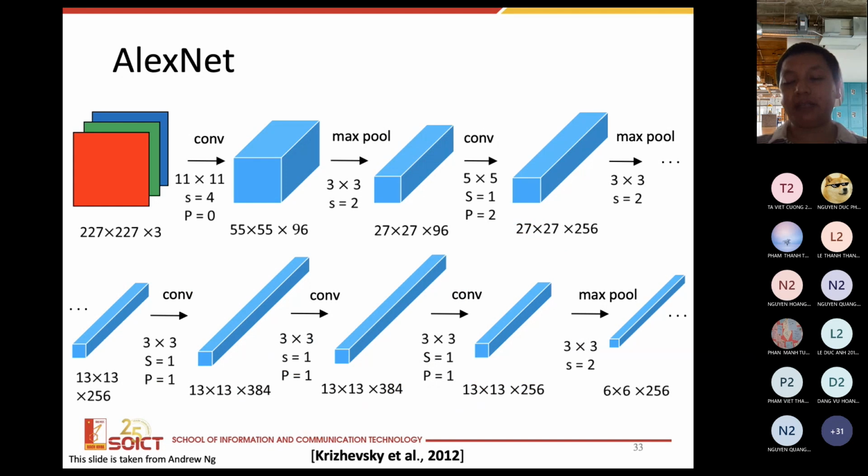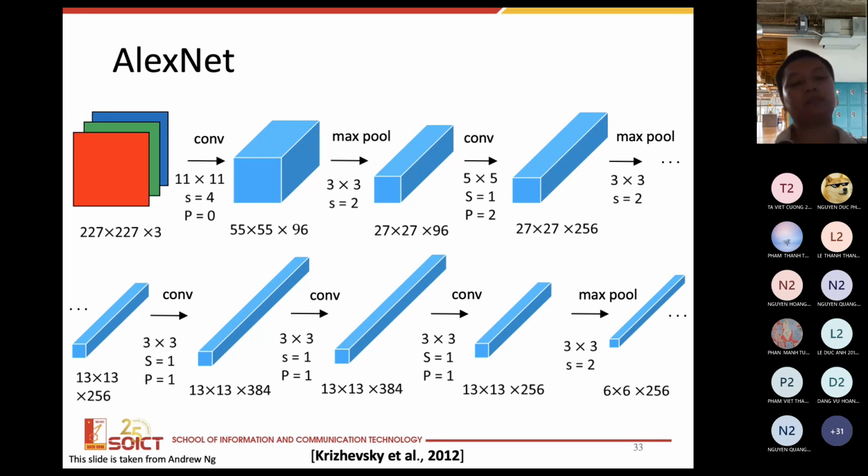Okay, this is the architecture of AlexNet. The input is an image of 227 by 227, and it is actually a 3-channel JPEG, red, green, and blue, right?